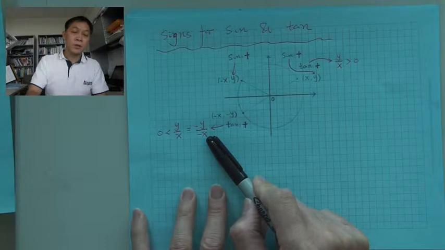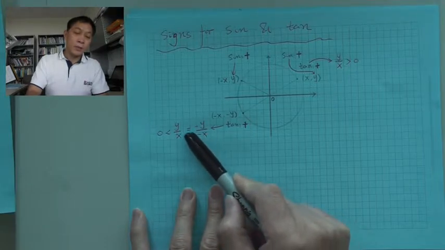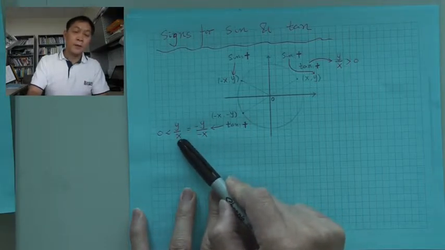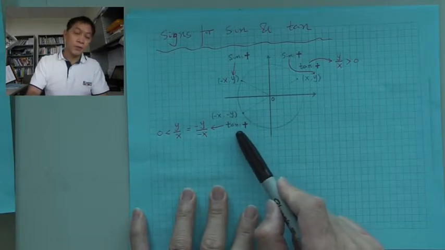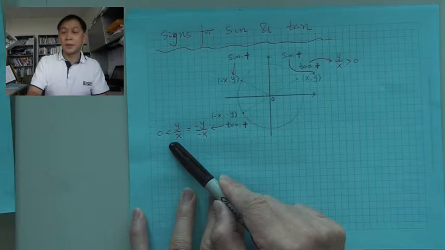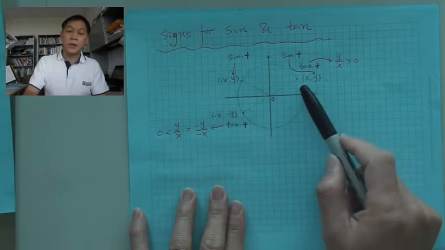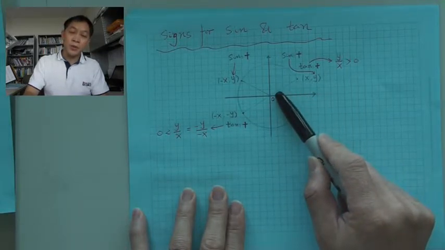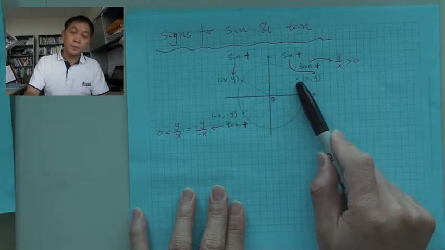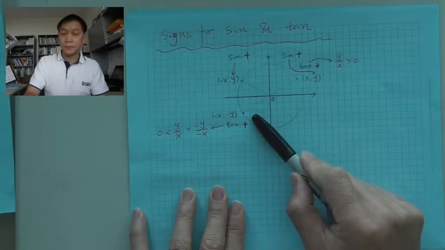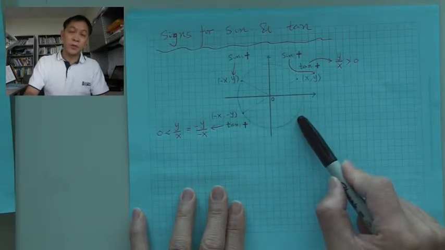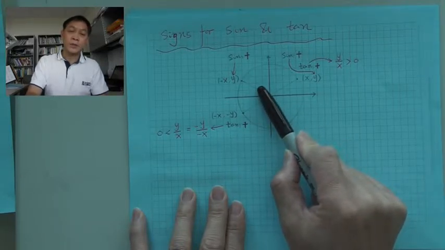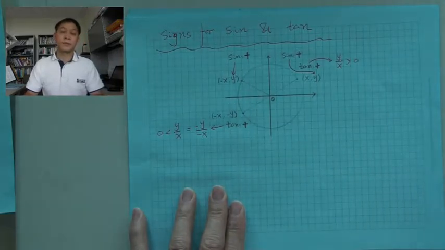Negative over negative is positive. That tells us that tangent is positive in quadrant 3. So tangent is positive in quadrant 1 and 3. This also tells us that in quadrant 4 and 2, tangent is negative.